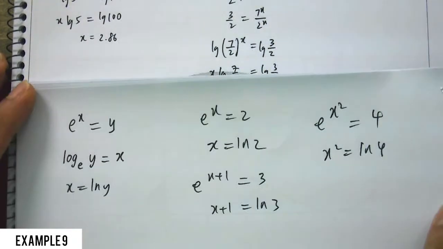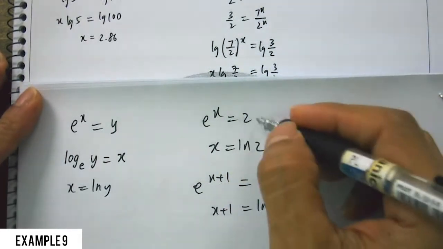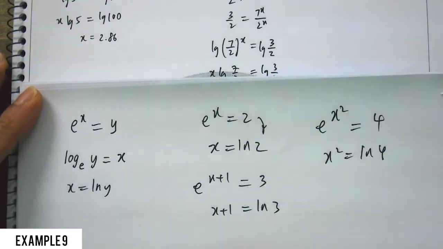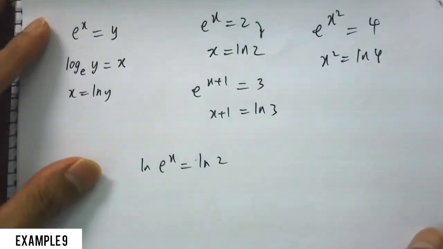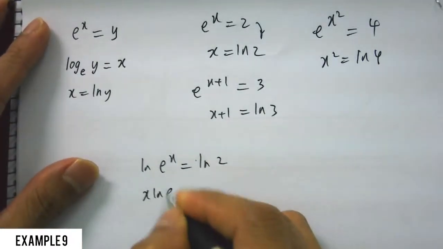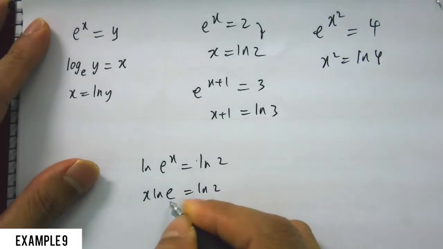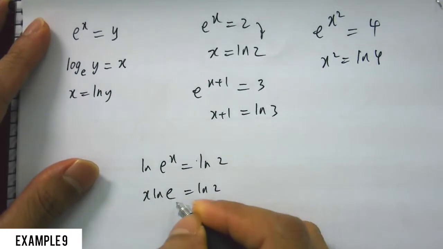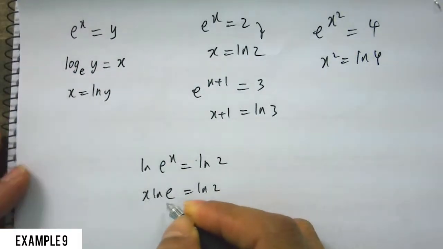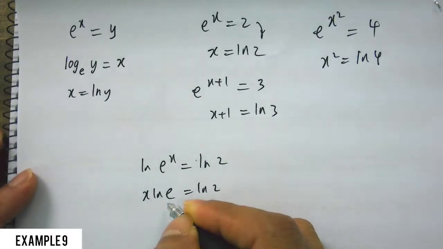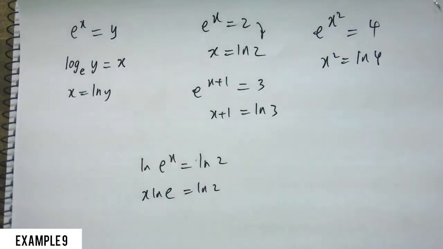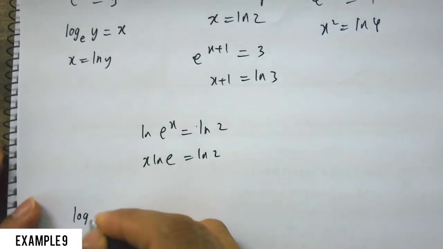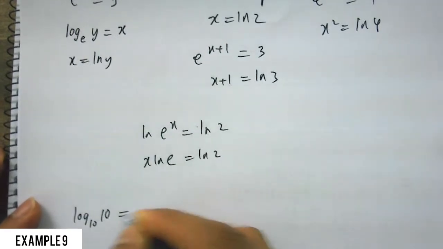Another way, some people find that converting directly is difficult and confusing. Then you can also do this. You introduce ln on the left, introduce ln on the right. Then you bring the power x down. You get x ln e. Now everybody, what is ln e? Ln e is 1. I forgot to tell you, log 10 has a value of 1.